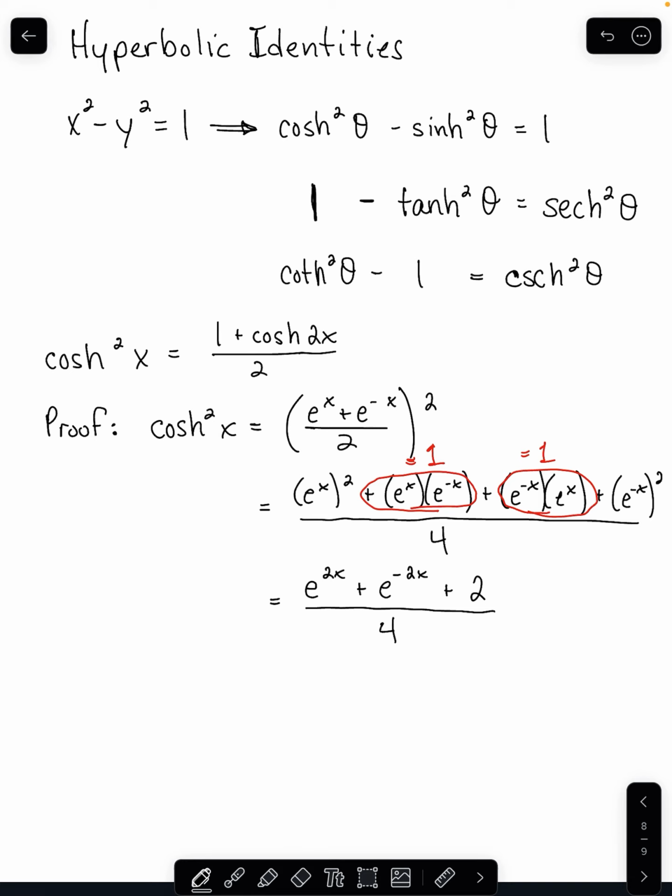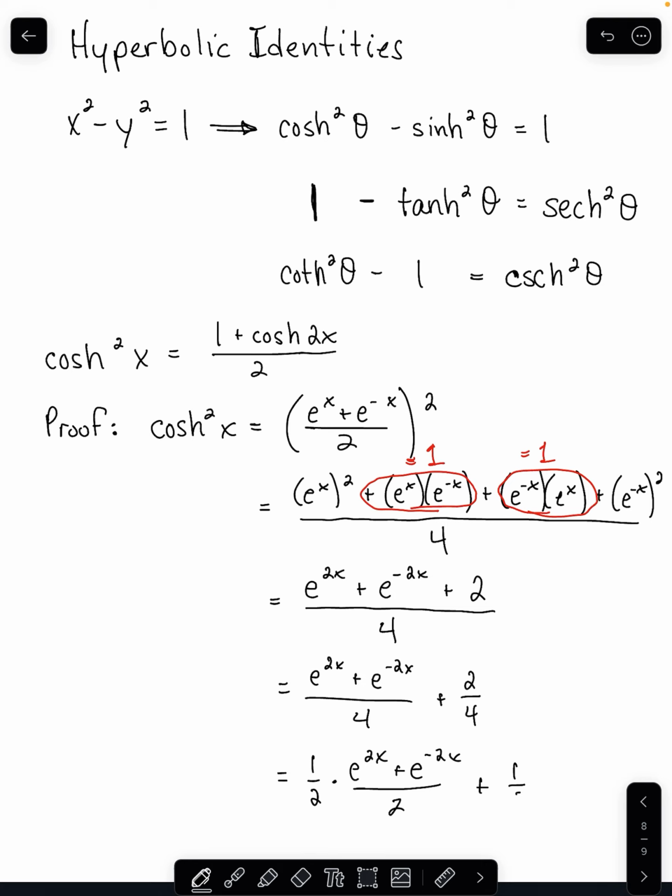We can distribute the 4 in the denominator, and that gives us e to the 2x plus e to the negative 2x over 4 plus 2 over 4. We can extract a factor of 1/2, leaving us with e to the 2x plus e to the negative 2x over 2.